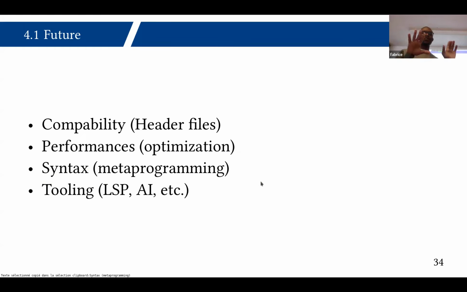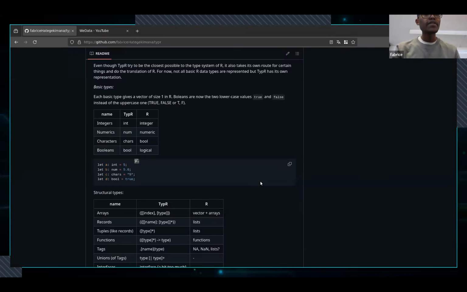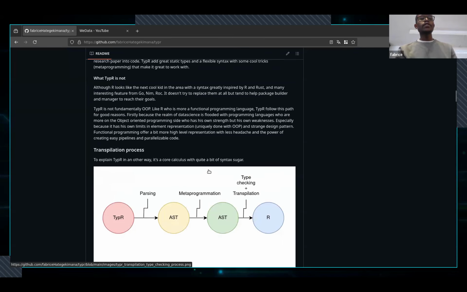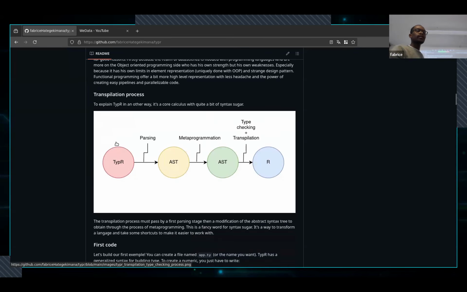You will see that what we have in TypR is a core language with a lot of syntax triggers for doing the metaprogramming stuff. And we will see an example, like this image shows: we will just bring an AST and use some metaprogramming to have a core or base TypR.